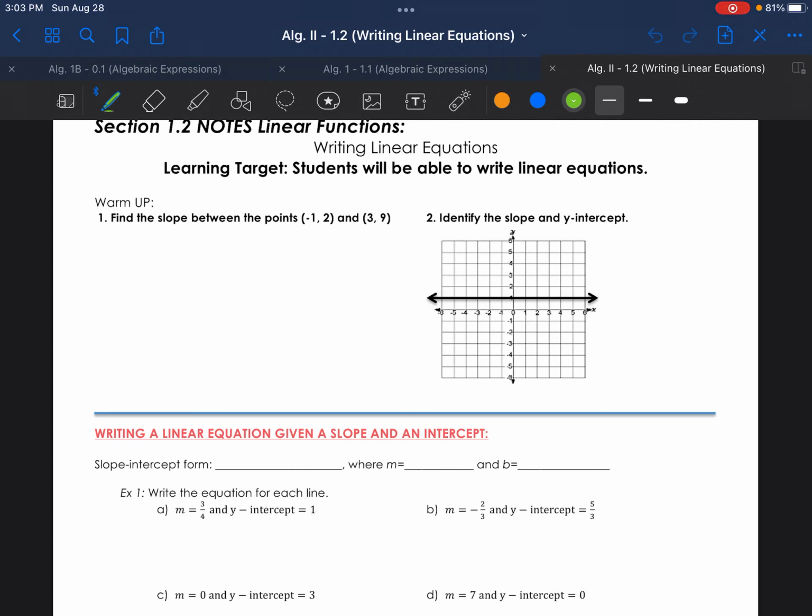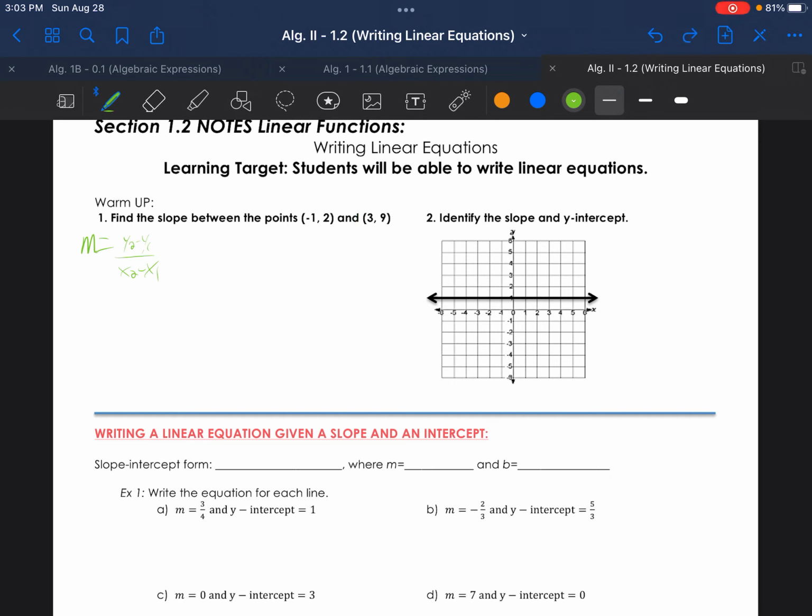So finding the slope between (-1, 2) and (3, 9). If you recall, the slope formula is m equals y2 minus y1 over x2 minus x1. And really, which one is x1, y1 of these points, and which one's the x2, y2 doesn't really matter.